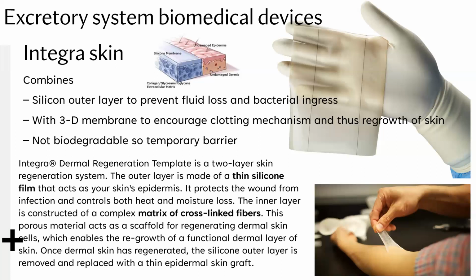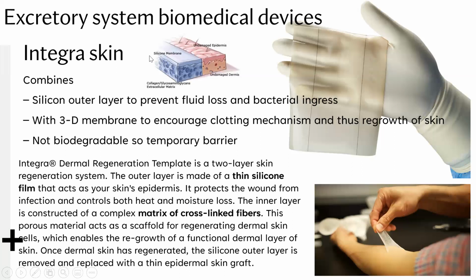So this example is a good one because it actually has a sandwich of silicone and collagen. You've got collagen and glycosaminoglycans as a porous, macroporous material underneath, and then you've got the silicone coating up there.